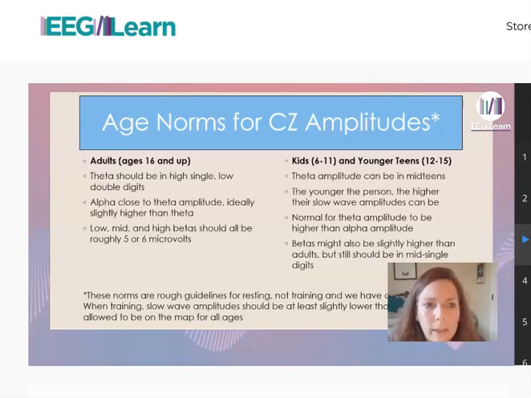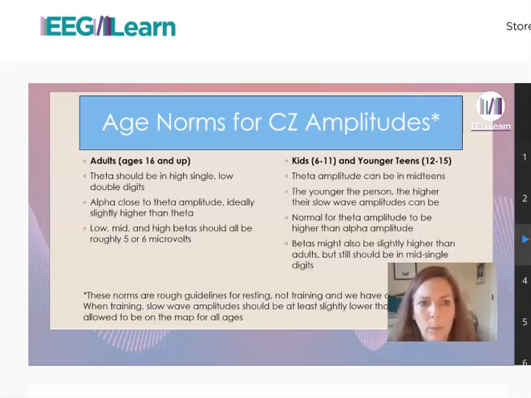So when you look at the measurements on your review screen at CZ, an adult's theta amplitude should be in the high single or low double digits. You can think of that as roughly around 10 microvolts. Now, by the way, these are kind of loose guidelines. When we're starting out, we've got to have handholds and footholds to make sense of this data.